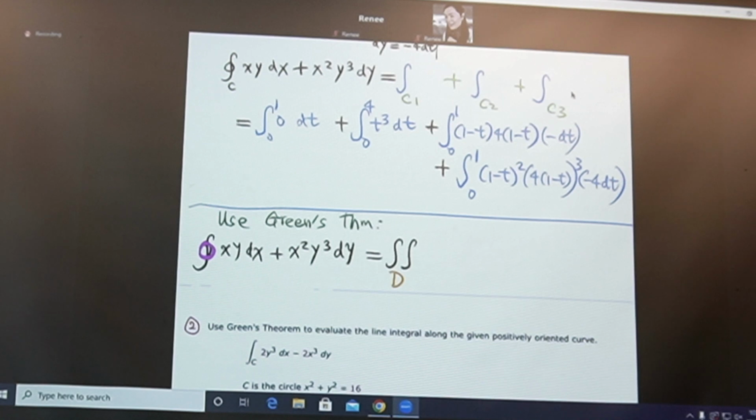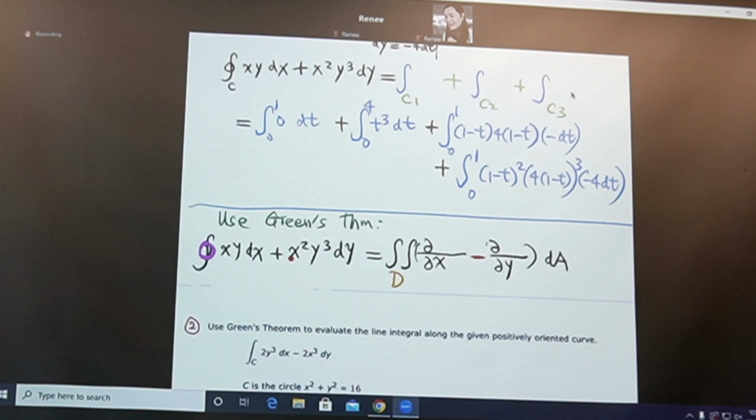The partial derivative of Q with respect to x, minus the partial derivative of P with respect to y, and here dA.